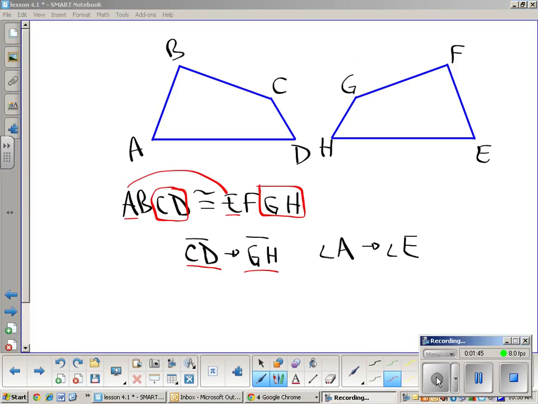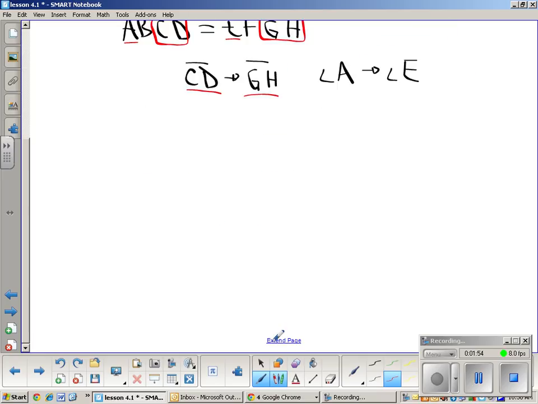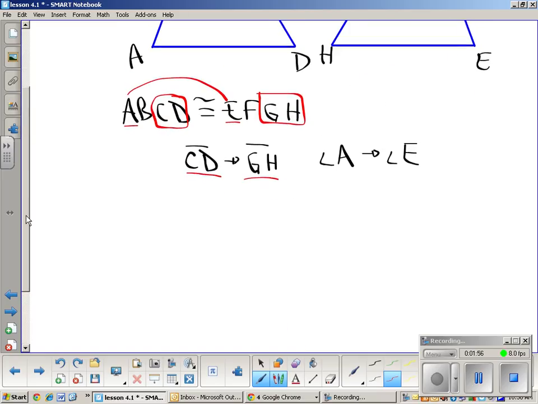Now we have to understand what it means to be congruent.